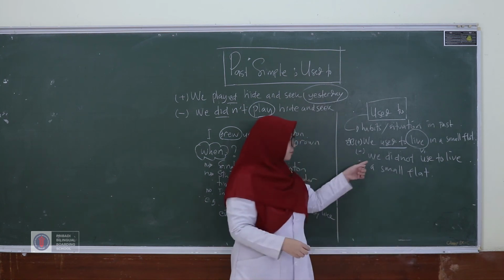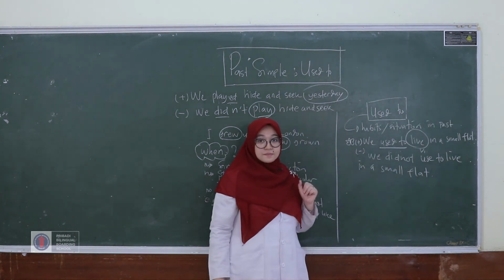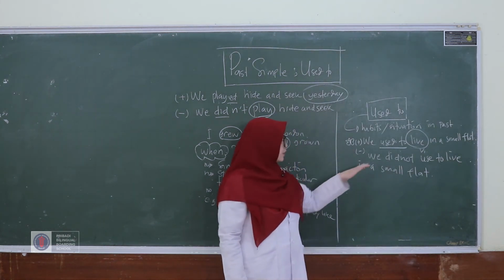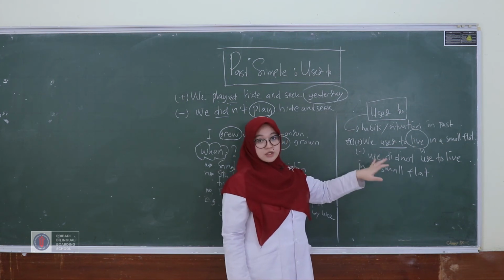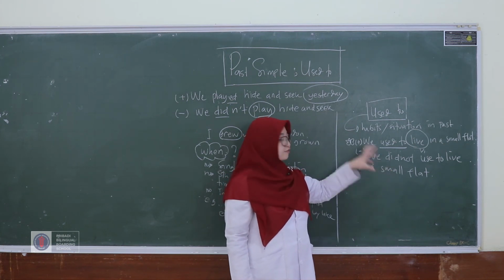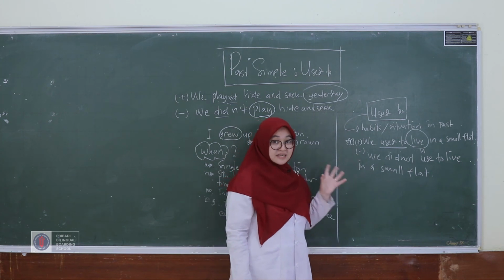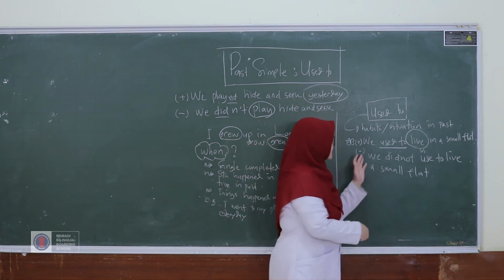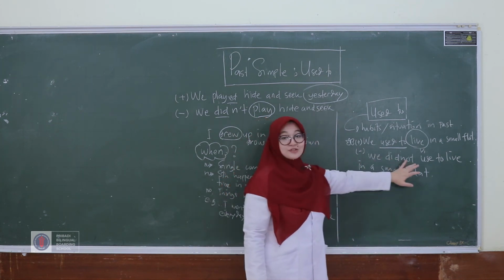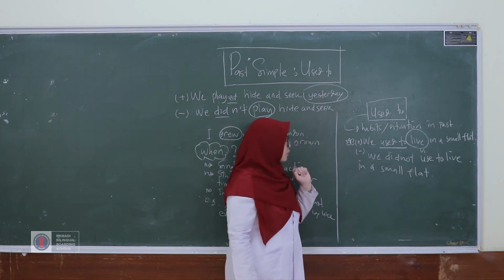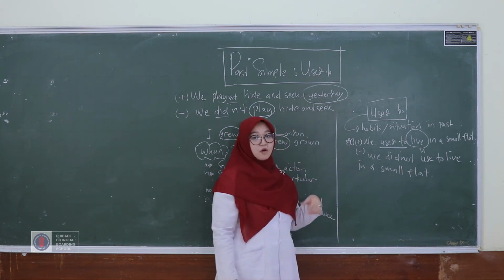The rules of the past simple are the same here. When we use the word "did," we change the verb into verb 1, its basic form. So instead of saying "used to," you use "use to" without -d. So: "We didn't use to live in a small flat."